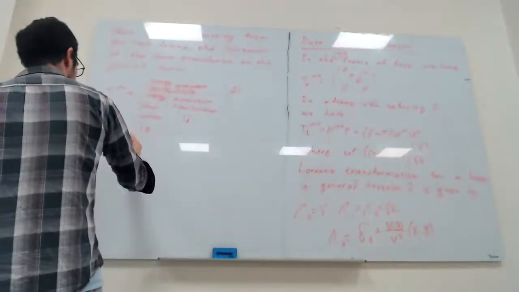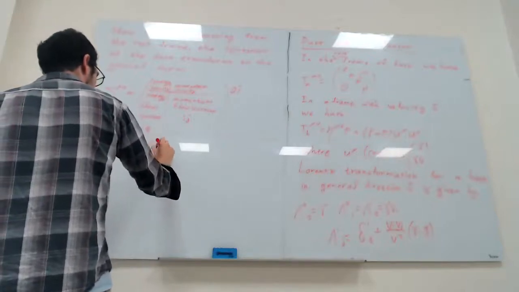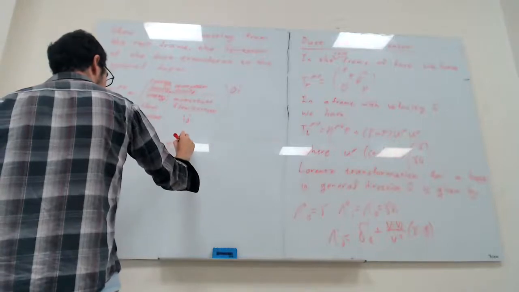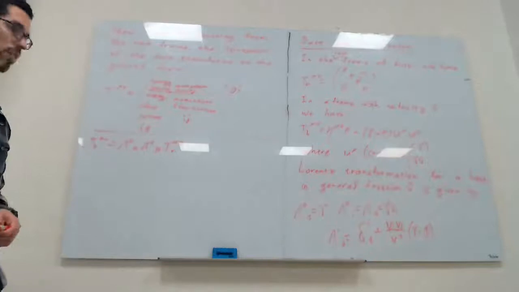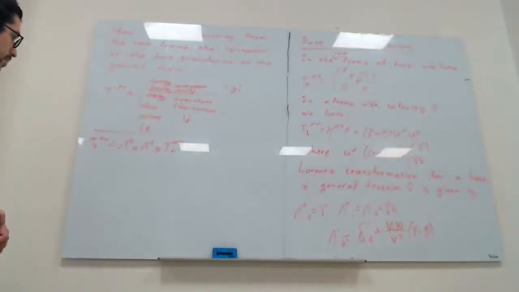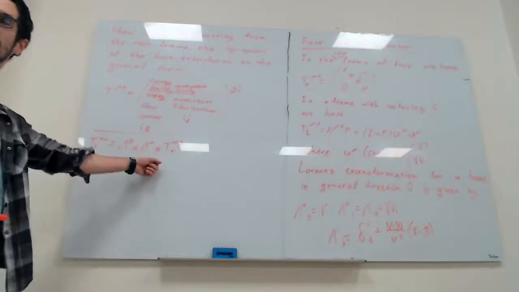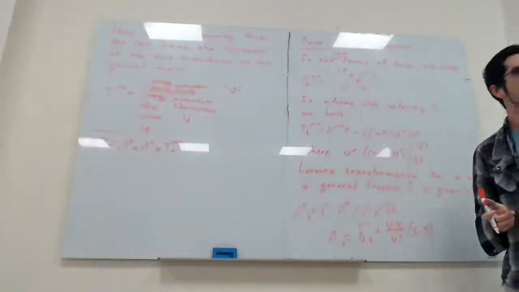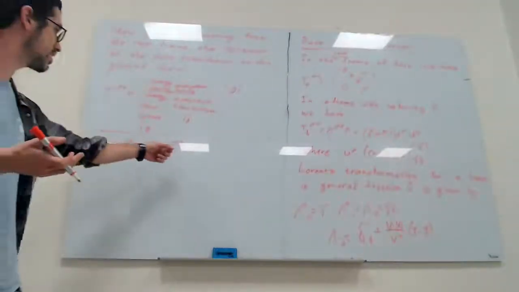T00V equals gamma 0 alpha, gamma 0 beta, T alpha beta in the S frame. Now I have to sum over all alpha and beta, but I know that alpha and beta have to be equal because all these other components are zero. Generally I can sum over different alphas and betas, but we get zero here.